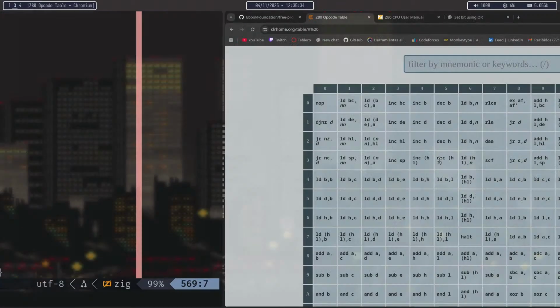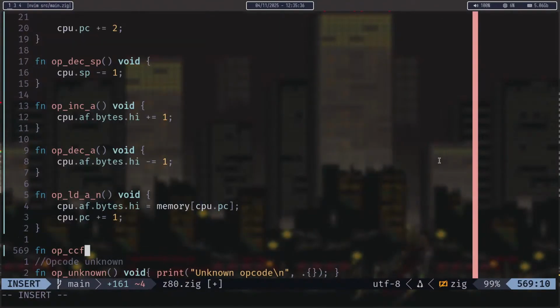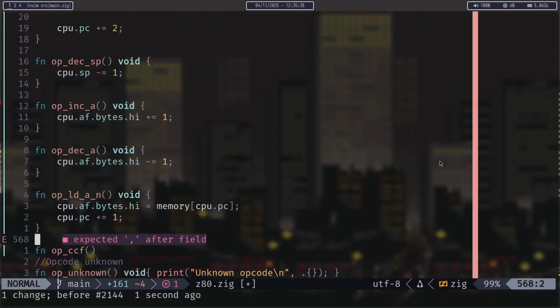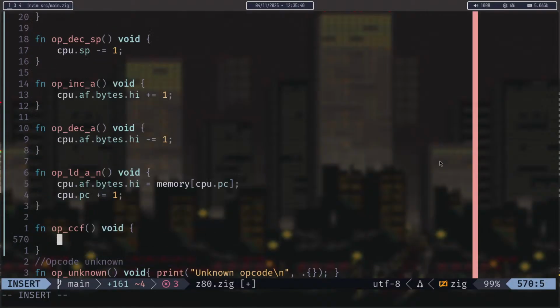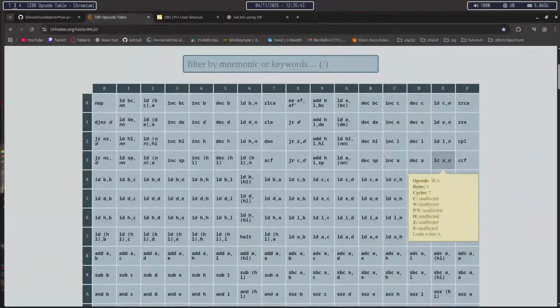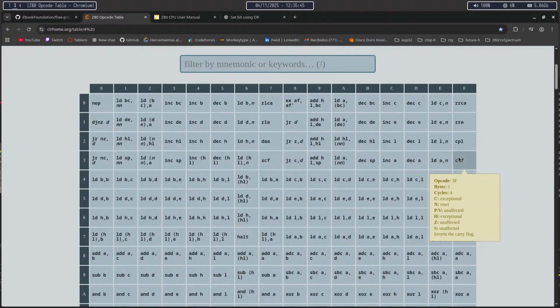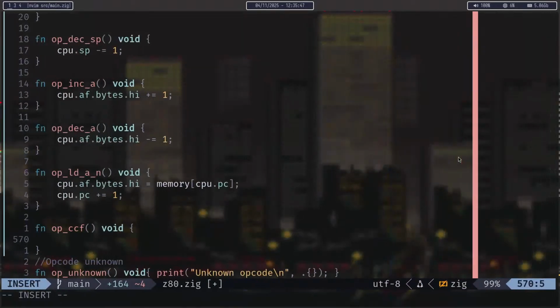Fn op. This is CCF. It inverts the carry flag. So CPU.af.bytes.low, and then I just have to invert the carry flag. Alright, that's interesting. How can I invert this without modifying the rest of the bits?